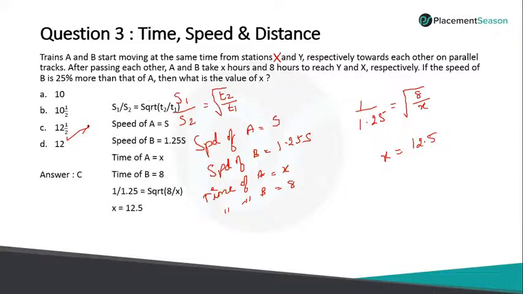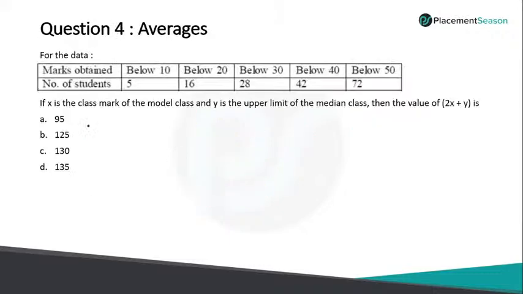Now the next question is on averages, from mean, median, mode. Data is given: marks obtained below 10, below 20, below 30, below 40, below 50, with students given. If X is the class mark of the modal class and Y is the upper limit of the median class, then find the value of 2x plus y.